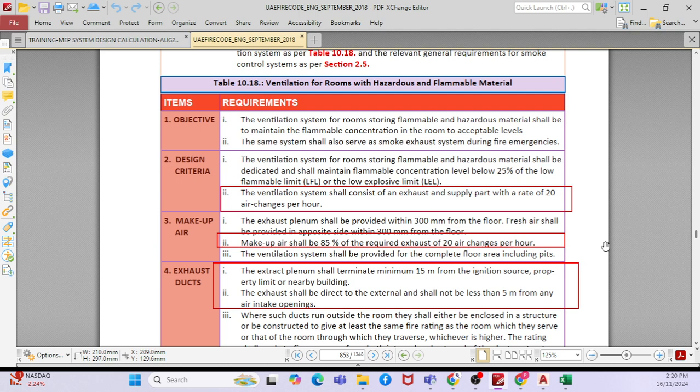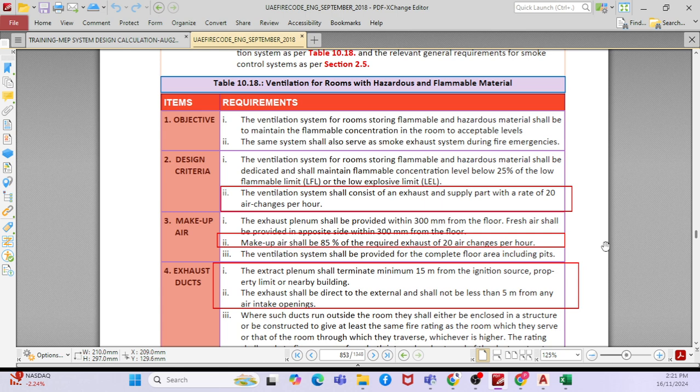When I say rooms for hazardous material or flammable material, how do you categorize these rooms? Is this something you discuss with your fire protection engineer? Because all the technical rooms keep giving ventilation and smoke requirements, so I just want to understand whether there is an easy way to cover this.